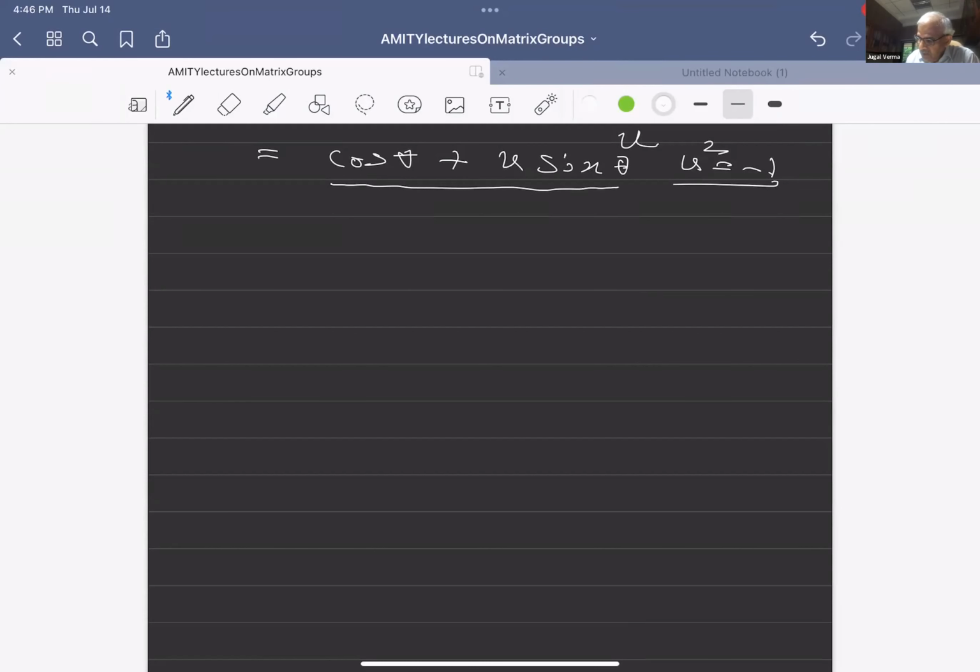In the field of complex numbers, if I take a complex number of absolute value 1, it can be written as e to the power i theta. That corresponds to a point on S1. S1 is the unit circle, and every point I can represent by e to the power i theta, and as a vector it is (cos theta, sine theta).